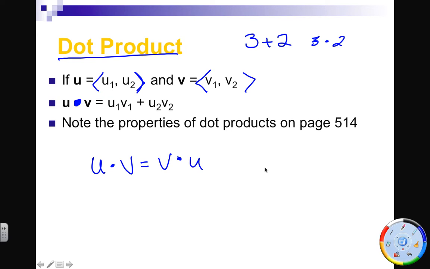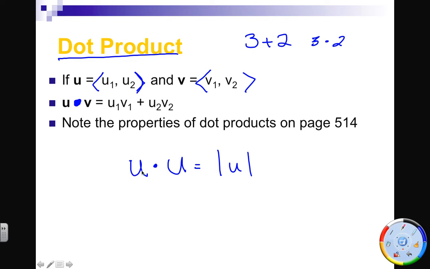One of the big ones, though, is a very interesting one to me. u dot u is equal to this funny looking thing. If you recall from the last section, that funny looking thing is the magnitude.